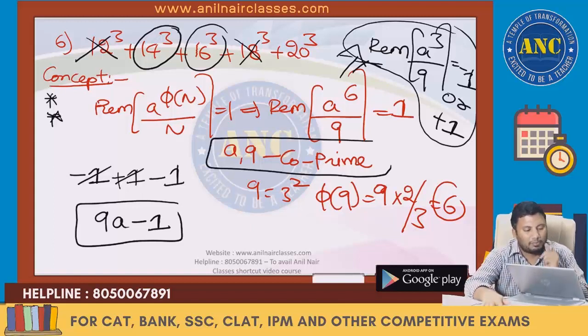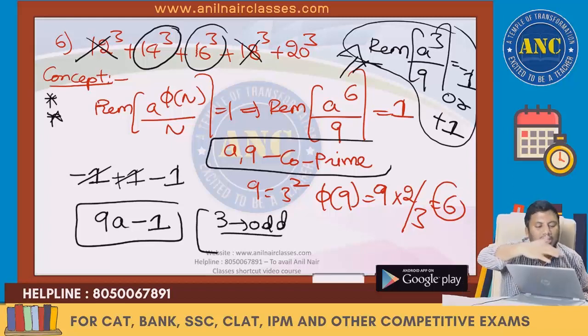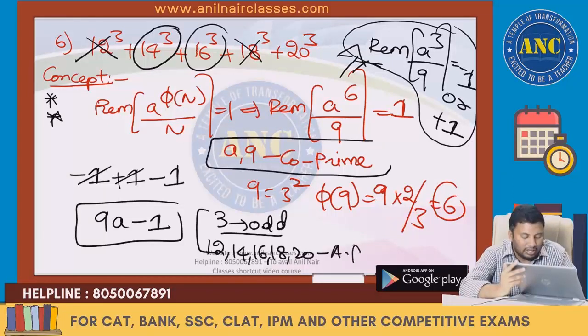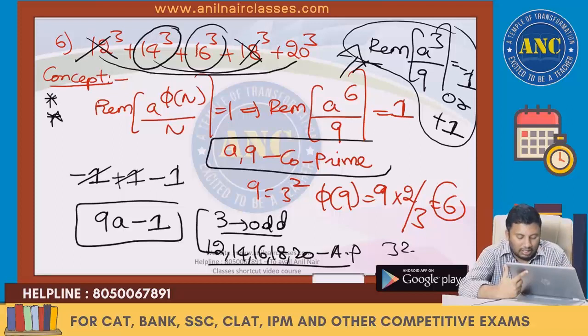One more example. Please write down. 9a minus 1, or the other case, 3 is an odd number. If 3 is an odd number, is the series in AP? Yes: 12, 14, 16, 18, 20. They are in AP, so it is divisible by 12 plus 20, that is 32, 14 plus 18 is 32, and 16.